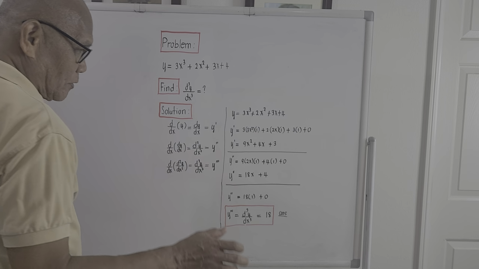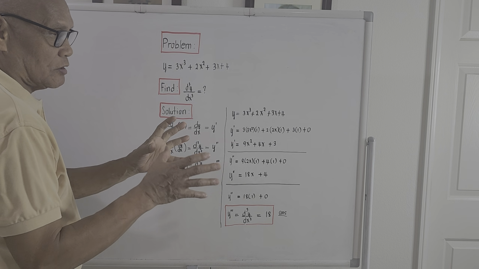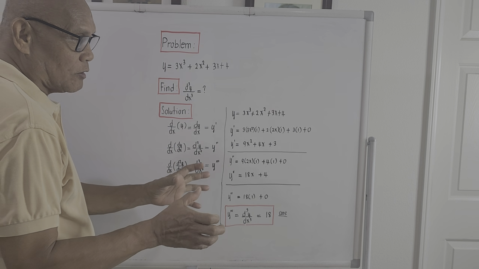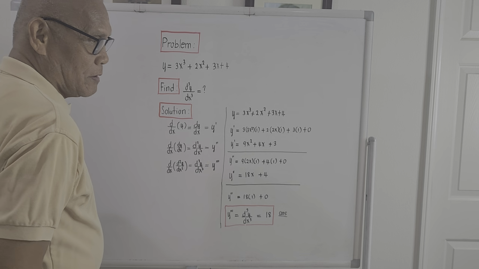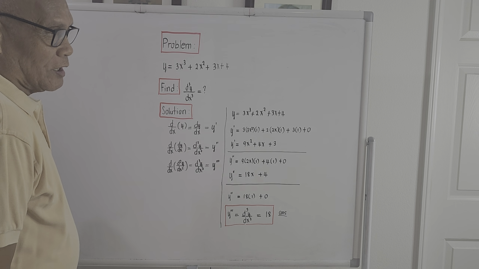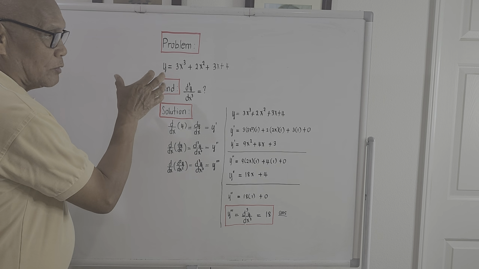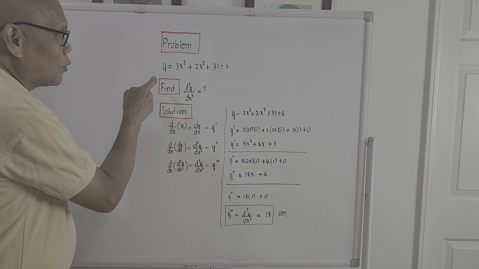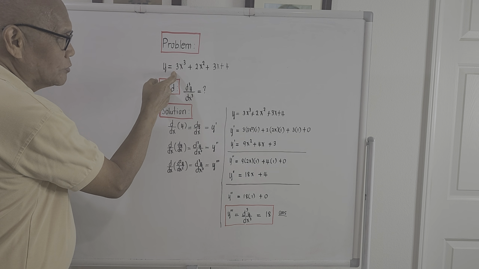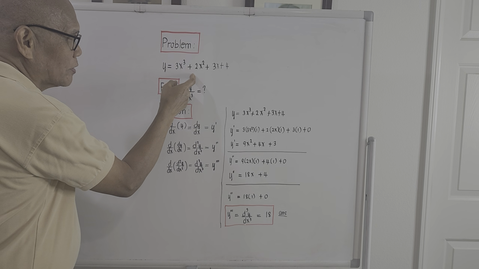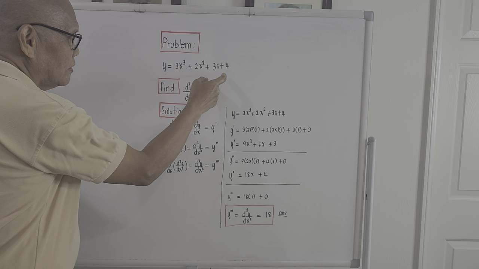My subject matter for tonight falls under the so-called study of differential equation. To illustrate differential equation, we have a problem here. We are given an algebraic equation y equals 3x cubed plus 2x squared plus 3x plus 4.